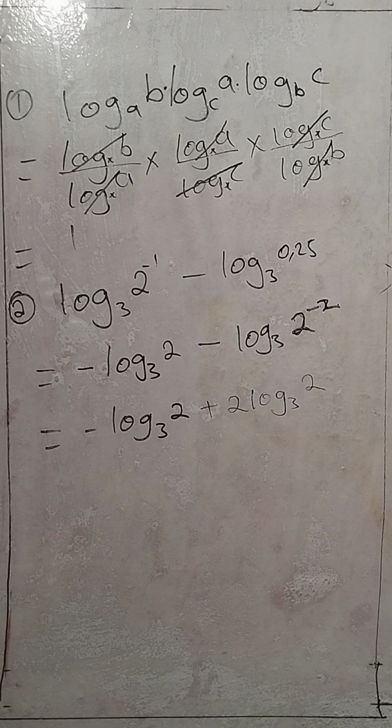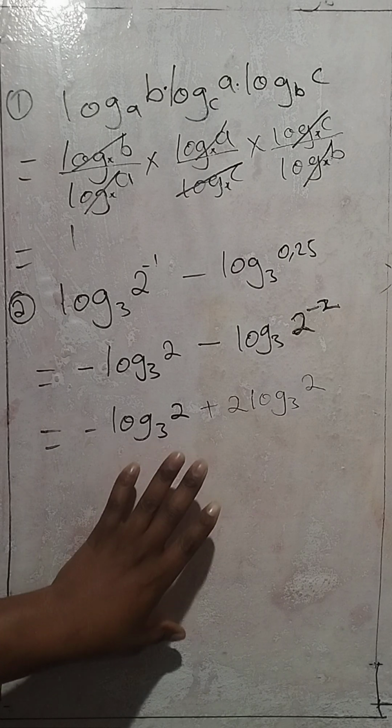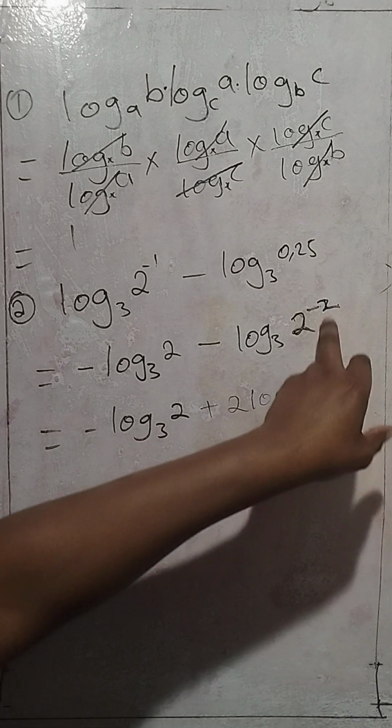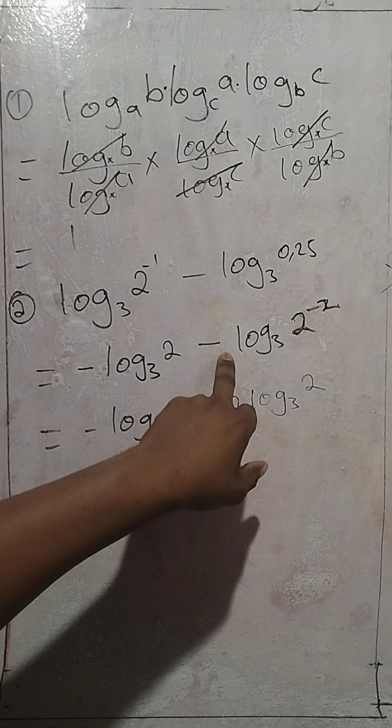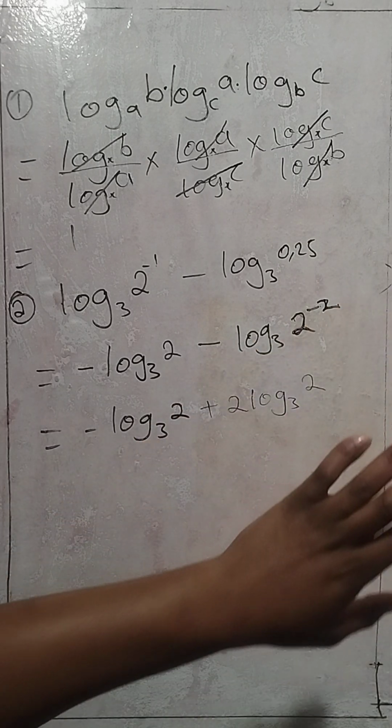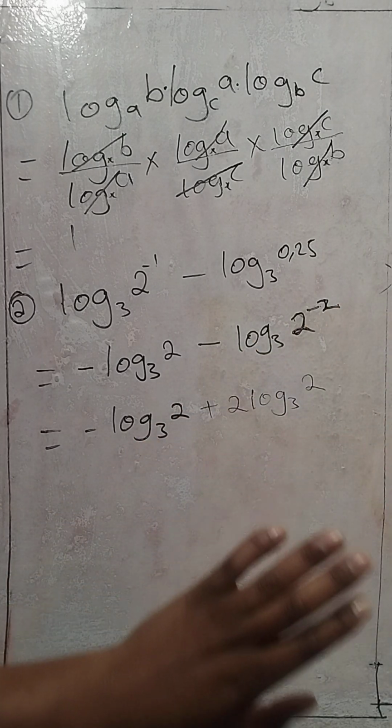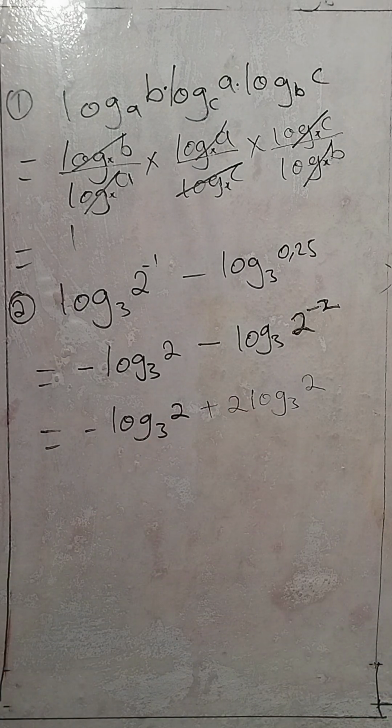There we say exponent times coefficient, exponent minus 1. Here, with logarithms, we only multiply the exponent of a number with the coefficient of the log. We cannot subtract because we are not dealing with calculus here. It's a different chapter or topic.